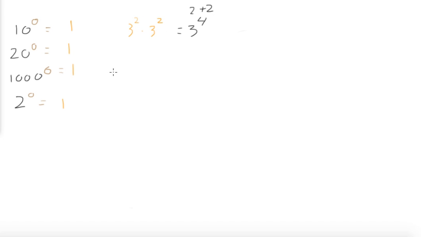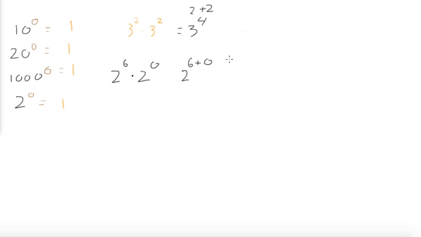But let's just say we had something like 2 to the power of 6 times 2 to the power of 0, okay? What does that equal? Well, that equals 2 to the power of 6 plus 0. All right, so basically this just kind of disappears because it's no longer counted, okay?